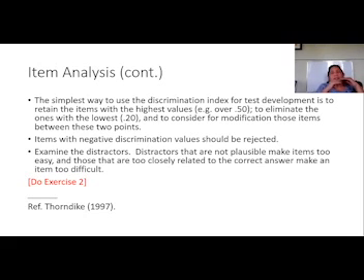Now, the discrimination indices between 0.20 to 0.50, that's a huge range, then you can consider these items for modification. Maybe modify the options, modify the stem, because to some extent, it can discriminate.